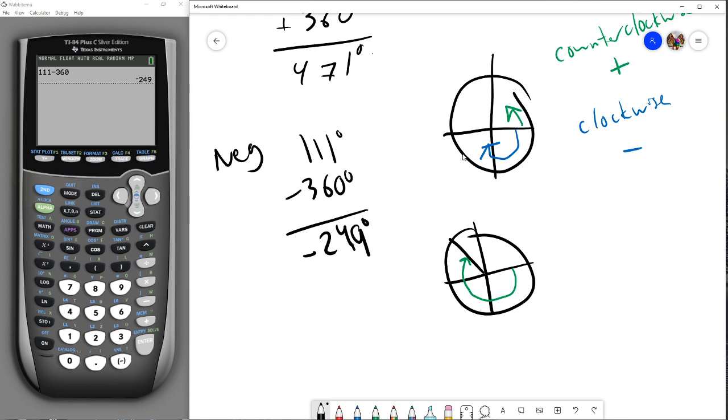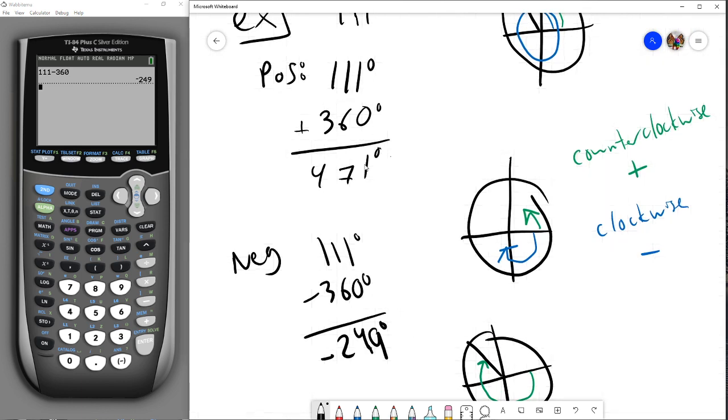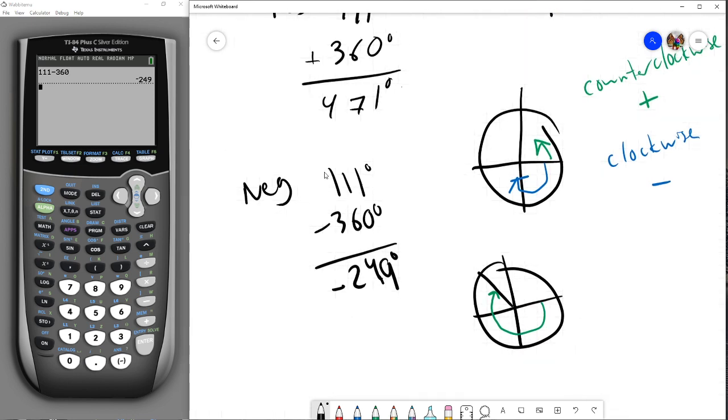Anyways, we can see clearly here how if you add multiples of 360, you will get coterminal angles to 111, and we can subtract multiples of 360 to also get coterminal angles. So if I was to subtract 360 from that, negative 609 is coterminal with 111, minus 360, also coterminal.